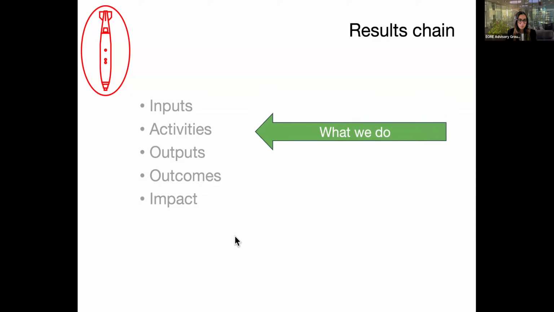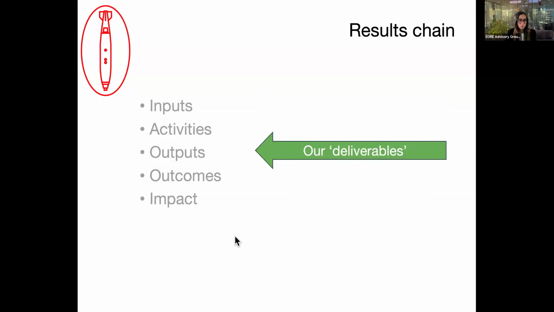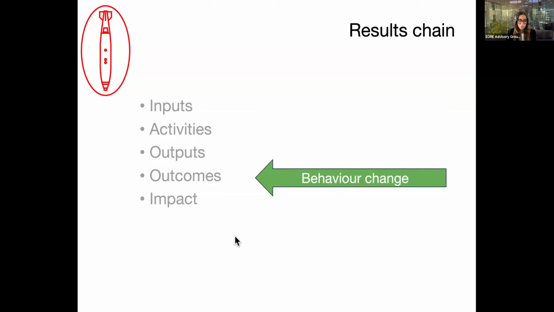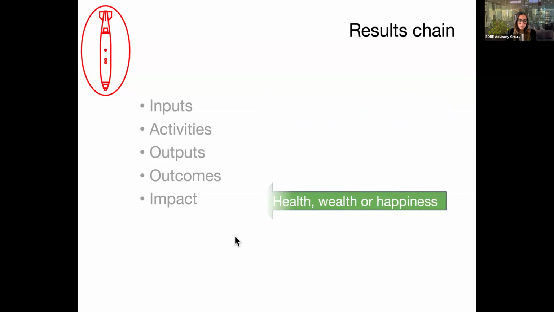Activities are what we do. Outputs are our deliverables, what we're contracted to do, what we're paid for. Outcomes means a behavior change. An impact is its greater effect, its effect on health, its effect on wealth, or its effect on happiness.